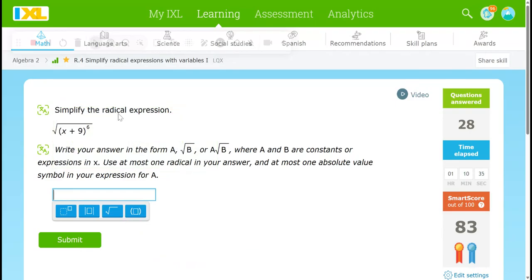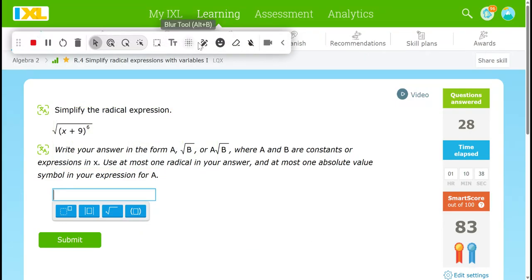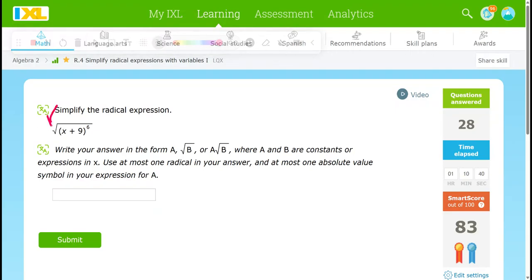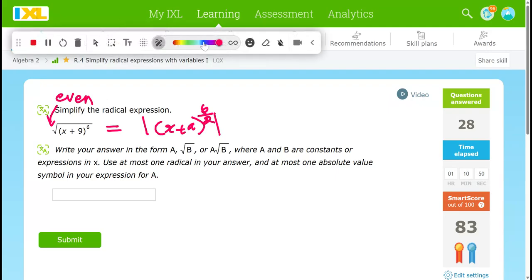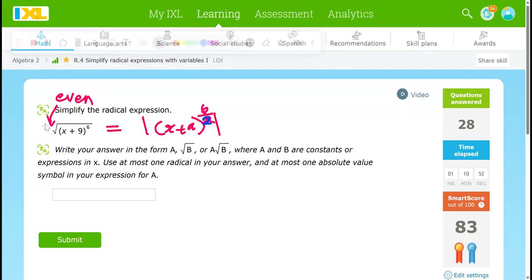Okay, same thing over here. This is an even root, so the answer is in absolute value. So x plus 9 to the 6 divided by 2. You understand why we divide by 2? Because this is a square root. So I come out absolute value of x plus 9 to the power of 3.